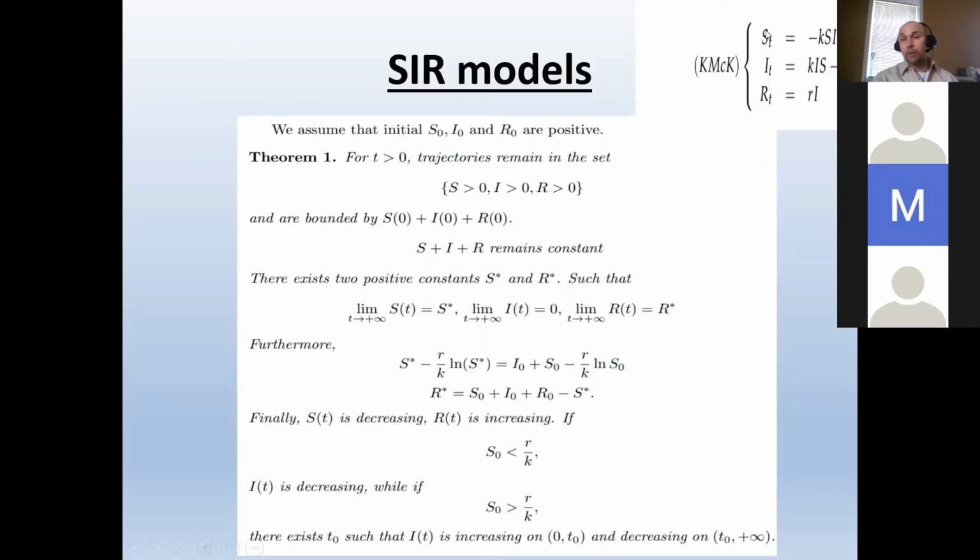So a Cauchy problem must have initial conditions. And here my initial conditions, I call them S0, I0, and R0. So it's the S, but at time 0. We will come back later on that, because I will show you some numerical simulations. Okay, so this is your work of today.